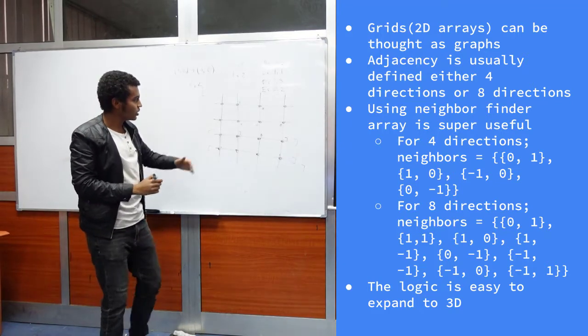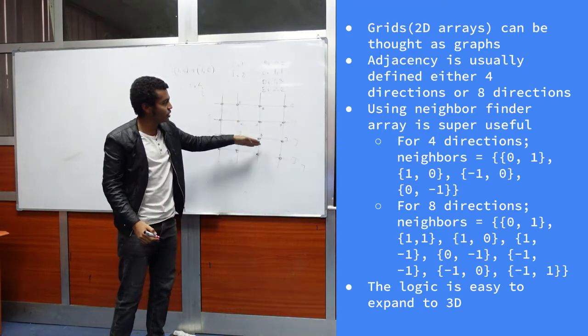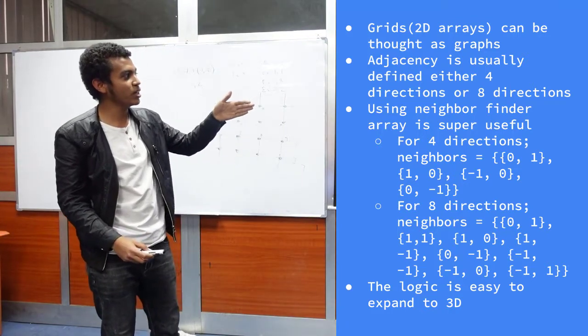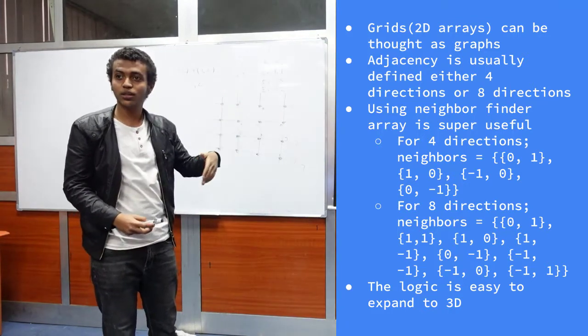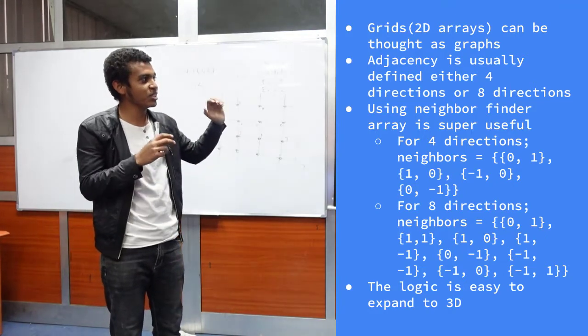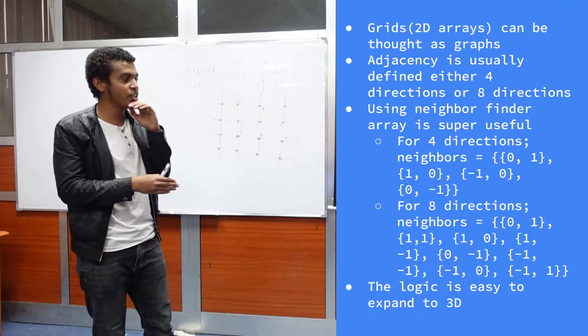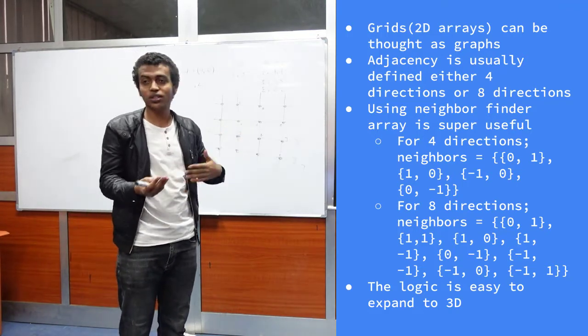So to represent all the neighbors, we use 0, 1, 1, 0, negative 1, 0, and 0, negative 1. The other numbers besides 0, which are 1 and negative 1, represent the change in either the row or the column.